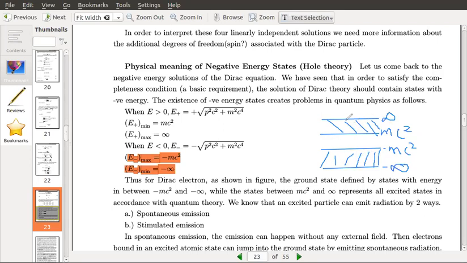If some particle is here, you can call it as excited state. So for Dirac electron or Dirac particle, the ground state is defined by states with energy between minus mc square and minus infinity, while the states between mc square and infinity, there are a lot of states there. All the states in this range are known as excited states. So this is ground state and excited states are this one.